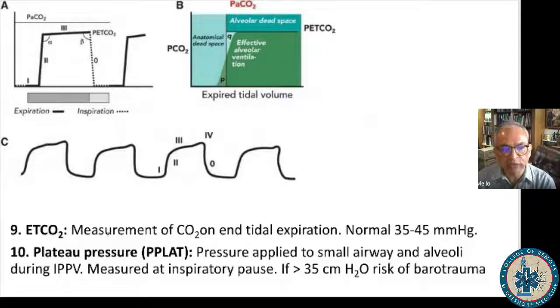So the end tidal CO2 is a measure of CO2 at end tidal expiration, and there will be a difference between the end tidal CO2 and the PaCO2, and that is represented by the alveolar dead space. That is the parts of the alveoli that are not taking part in gas exchange and represent a disease process.